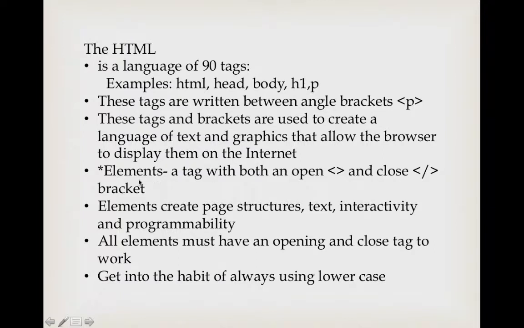Now right here, elements, a tag that has both an open bracket. See, that's an open bracket. There's nothing in the middle. Well, there will be. There'll be either a P or an H1 or whatever, but there's not this little slash. That's a closed bracket. And at the beginning and end of everything you do in HTML starts with an open bracket and ends with a closed bracket. And you'll get this as we go along.